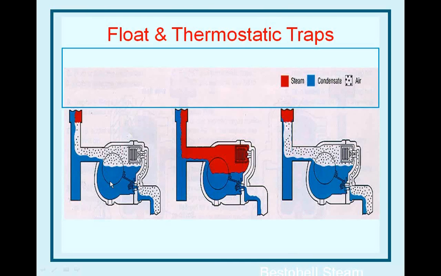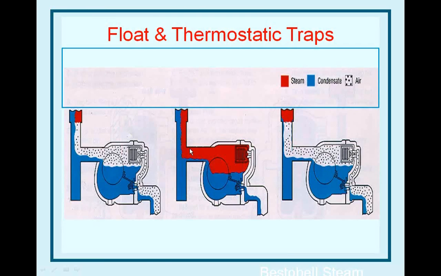So as the flow of condensate increases, it pushes the ball up higher and opens the orifice even more. At the same time, you can have gas or air coming into the system. You have a thermostatic element in the top of the steam trap that opens and closes based on temperature.